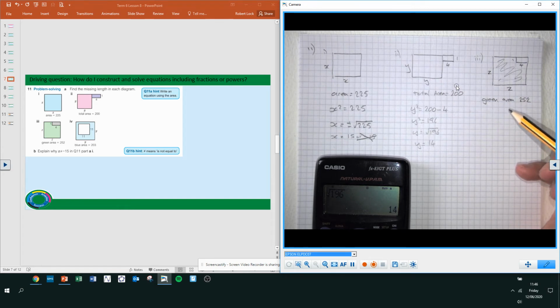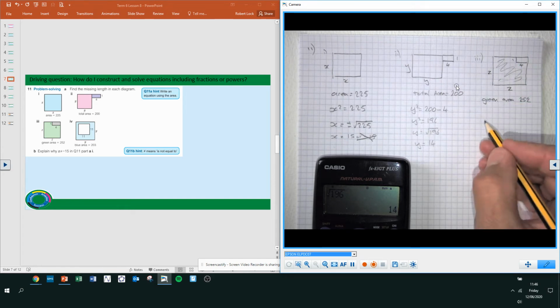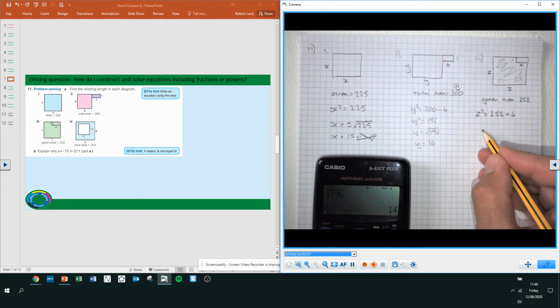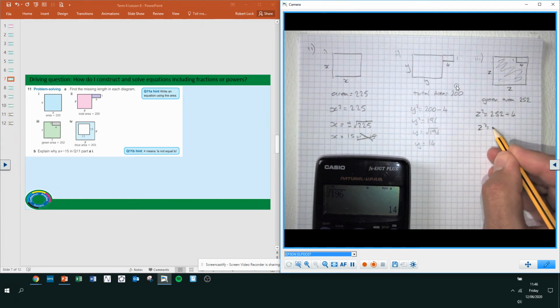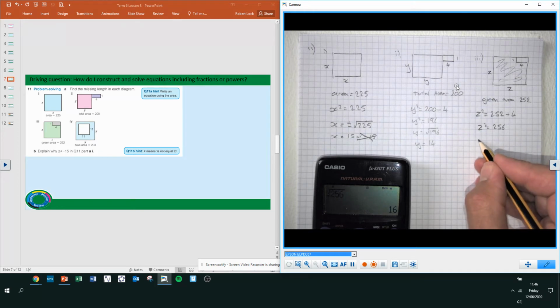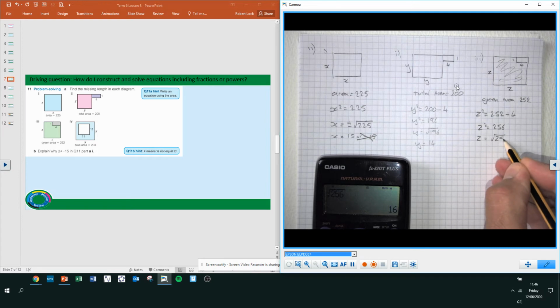So the green area 252, we need to add, so z squared equals 252 plus the 4. So z squared equals 256. Square root 256 equals 16. So z equals the square root of 256. z equals 16.